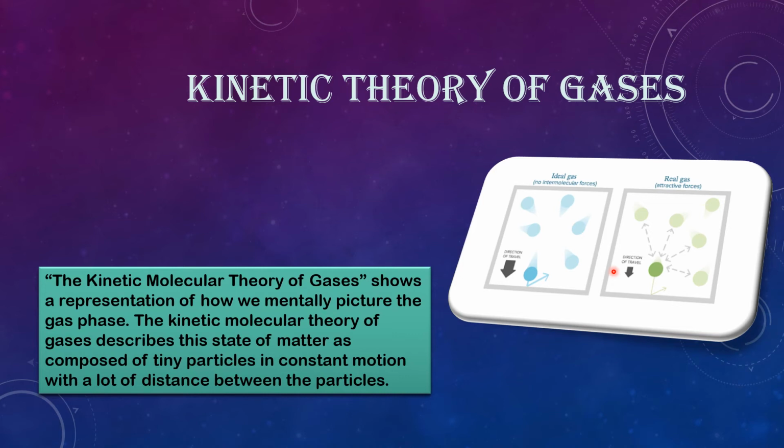Number 3, the pressure which a gas exerts is due to the total effect of the continuous collisions of the moving molecules on the walls of the container. Number 4, the molecules are so small that the total volume of the actual gaseous molecules may be considered negligible relative to the total volume of the gas.